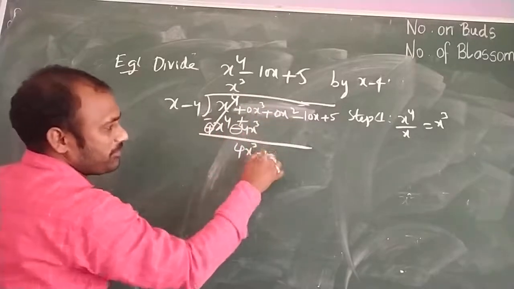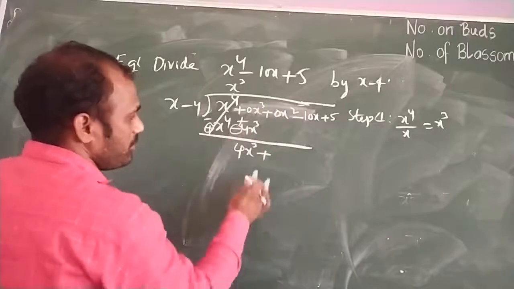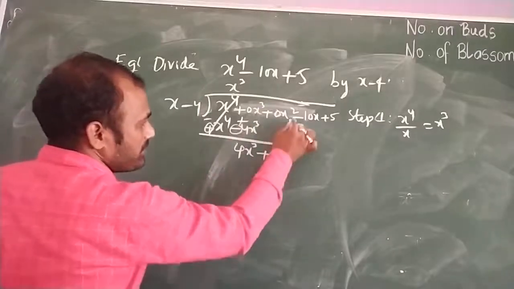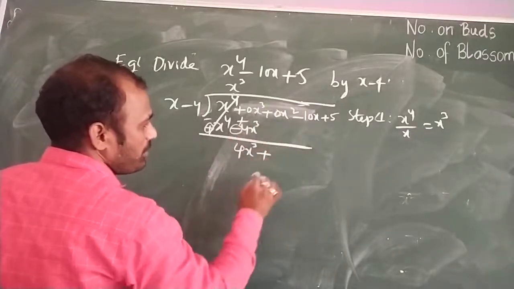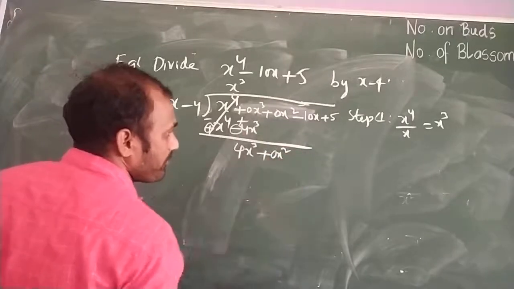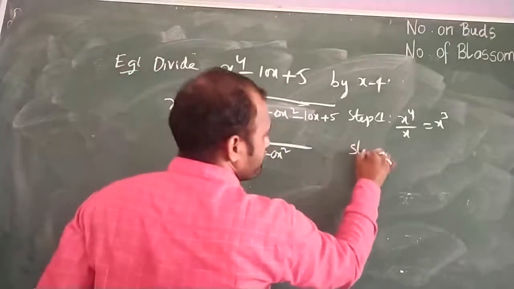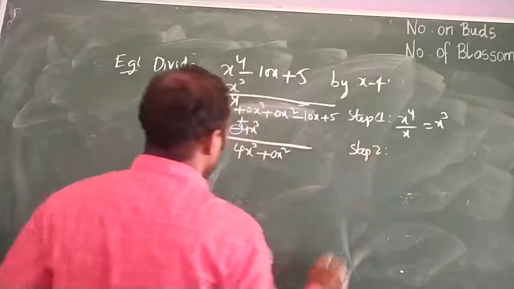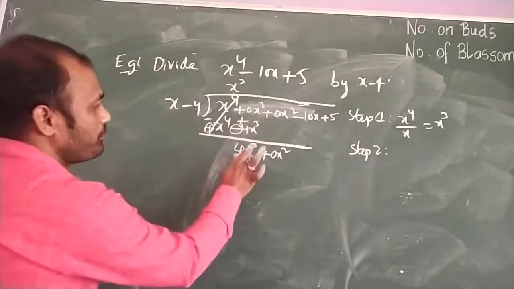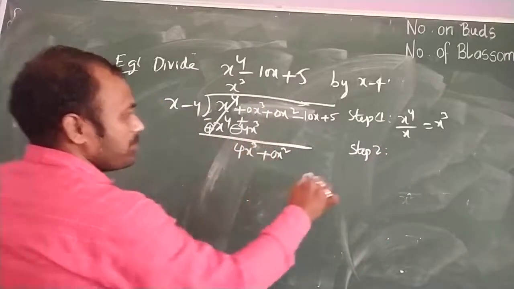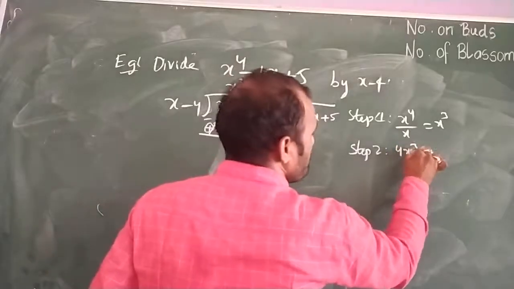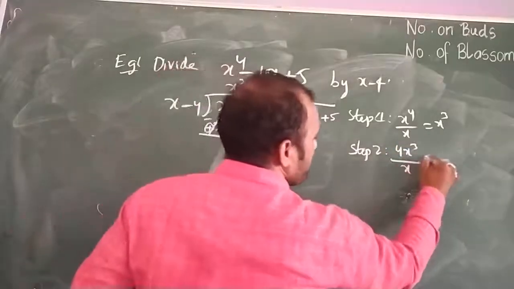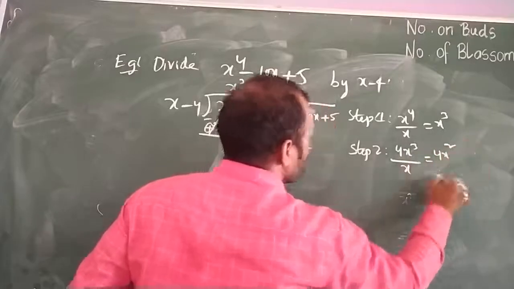Next let us take another term, the x² term. We can bring it down, let it be 0x². Now step 2. Here the first term is 4x³. So 4x³ divided by x gives 4x².